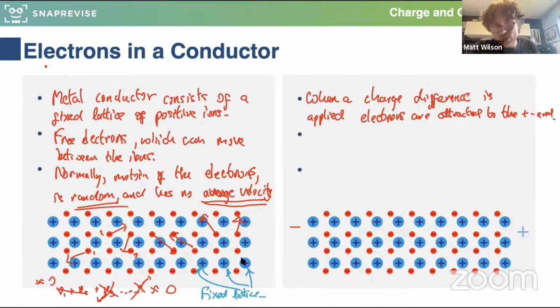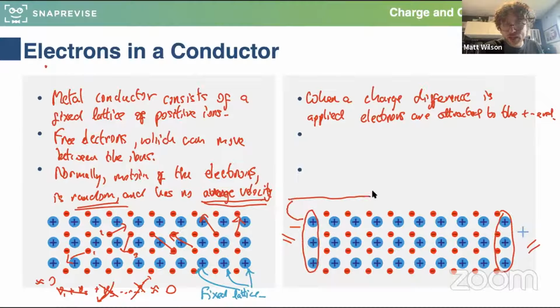Okay, so let's just draw ourselves a picture here. You see now we've drawn a negative charge over here and a positive charge over here. One way we could have created this is to take this thing, which we're imagining is almost like a big thick piece of wire, and we connect it to some kind of a battery. Okay, like this. Good.